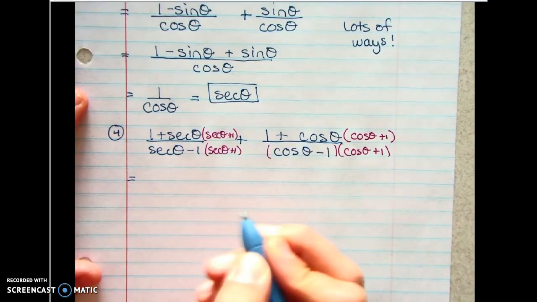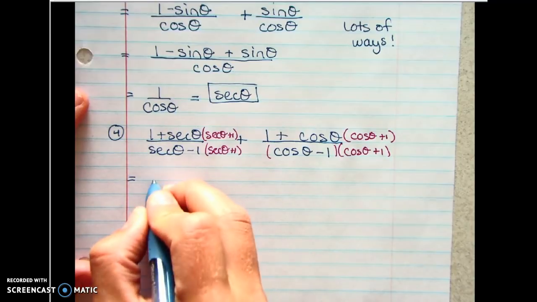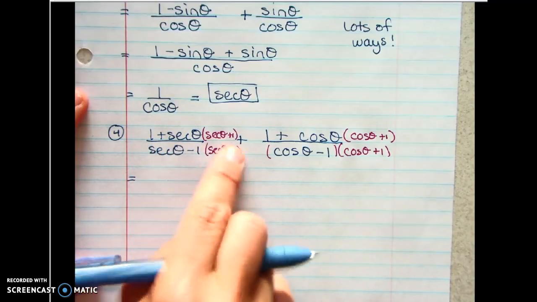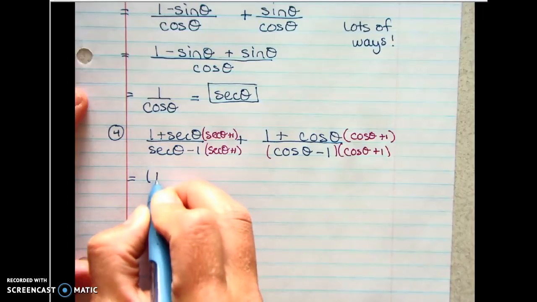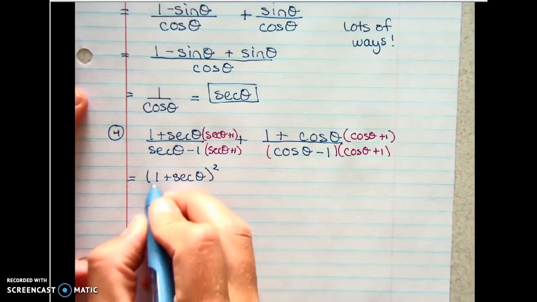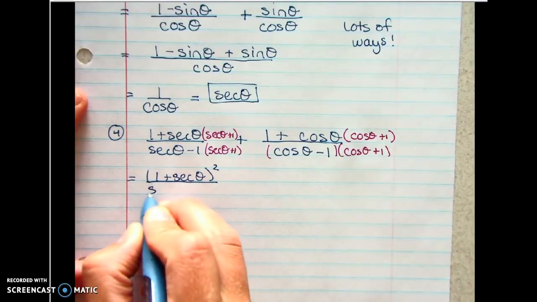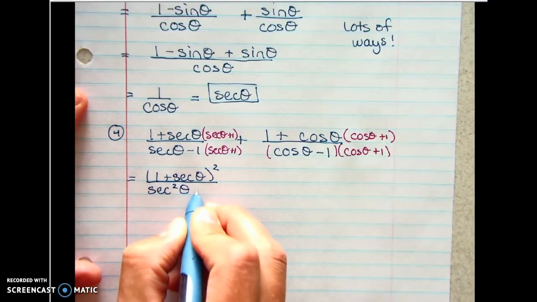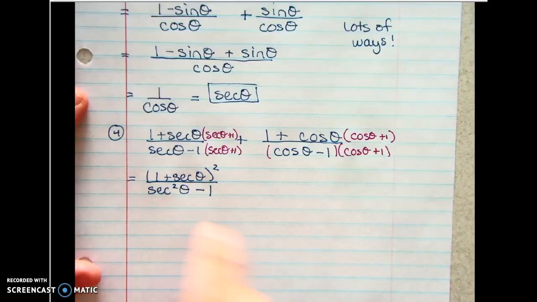Okay, that's what trig identities is all about. You try something. Do you agree that 1 plus secant and secant plus 1 are the same exact thing? So this is 1 plus secant all squared like that. Now what's this going to be? This is going to be secant squared minus 1. And that's going to substitute out.